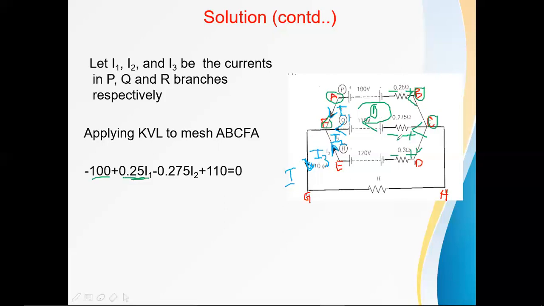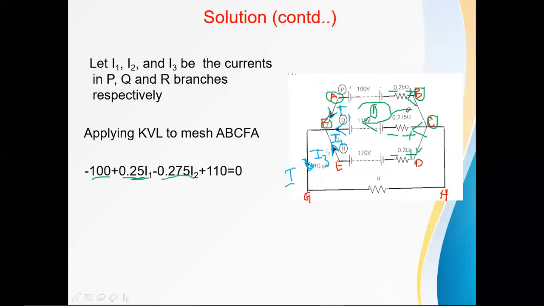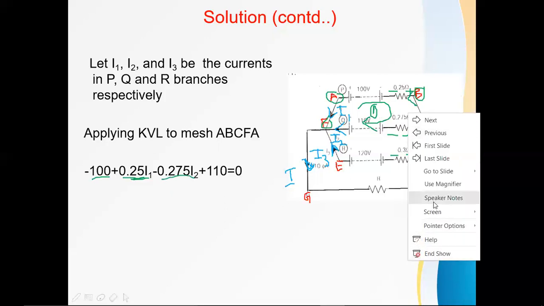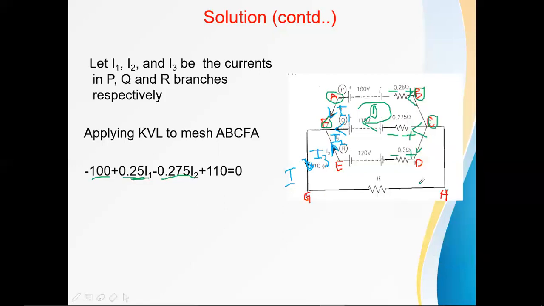Again from here my leaving sign is negative, -0.275, and my voltage drop here is I2. The current flowing through this complete branch is I2. Next, my leaving sign here is plus, and this is minus. Obviously the leaving sign is +100. This is the way of writing for loop 1.